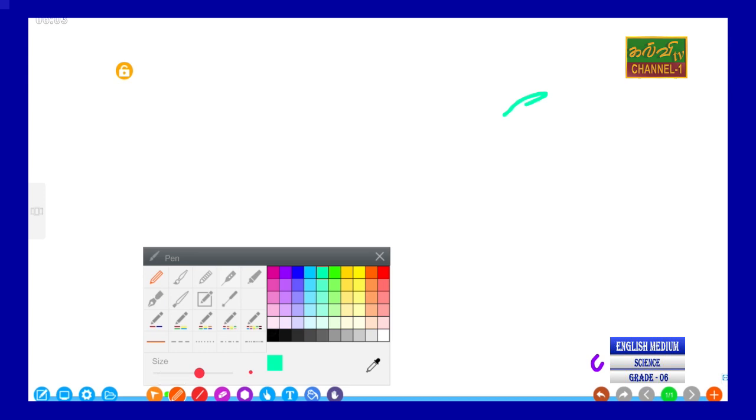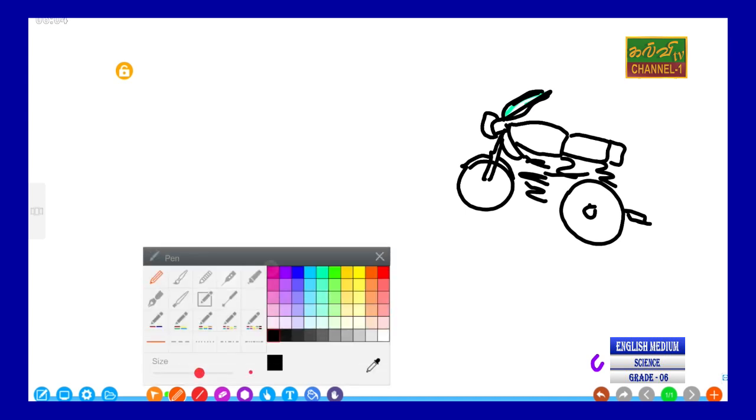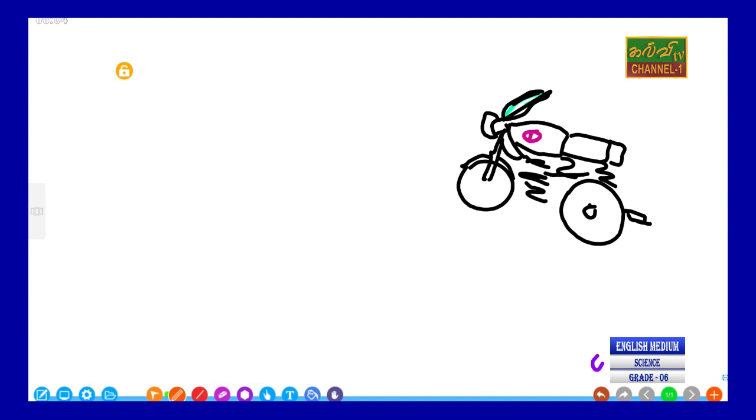This is a motorbike. First, initially what happened? We are going to fill the tank with petrol or fuel.